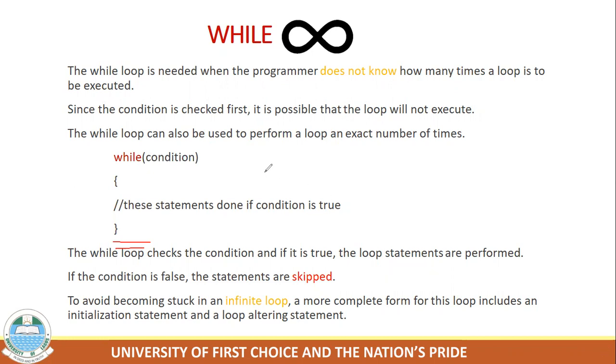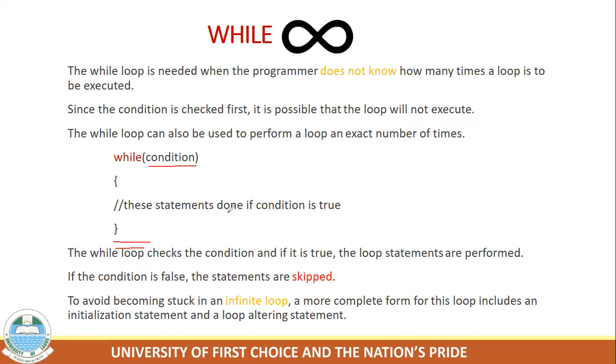Whatever you can do in a for statement or for loop, you can also do in your while statement. So in your while statement, you can have a starting criterion, you can have a condition, and you can have your incremental step.